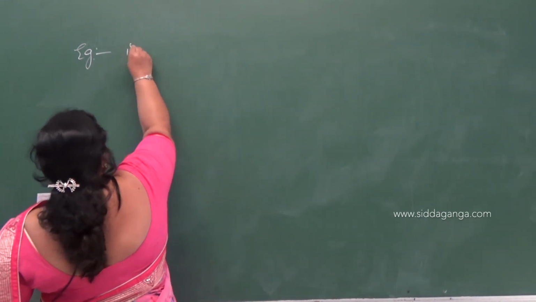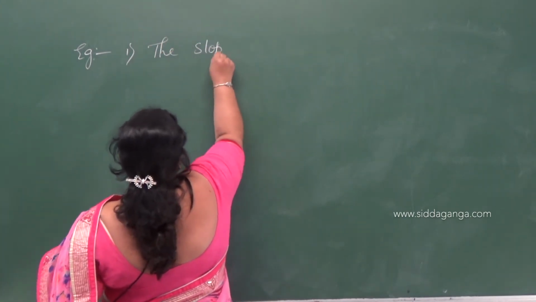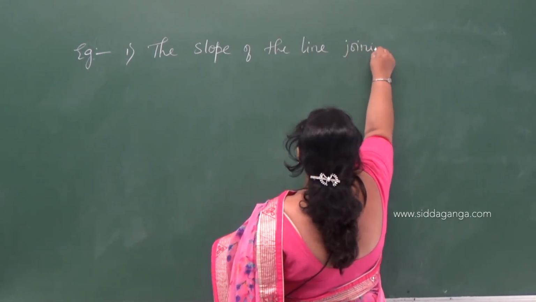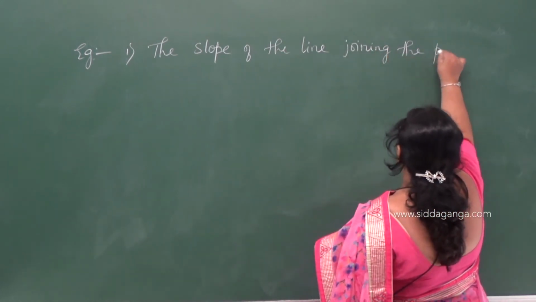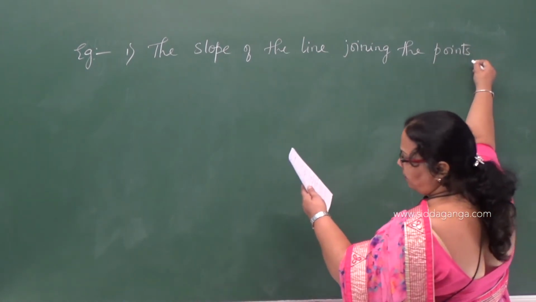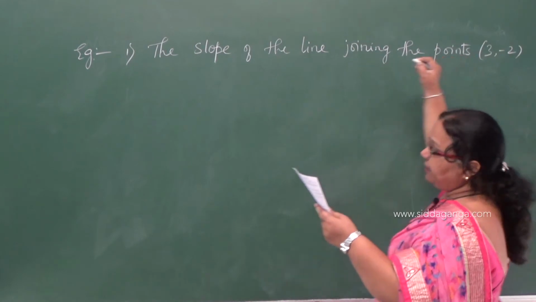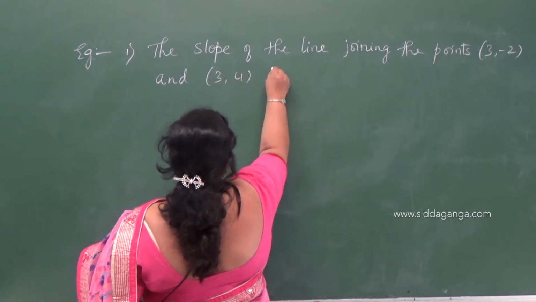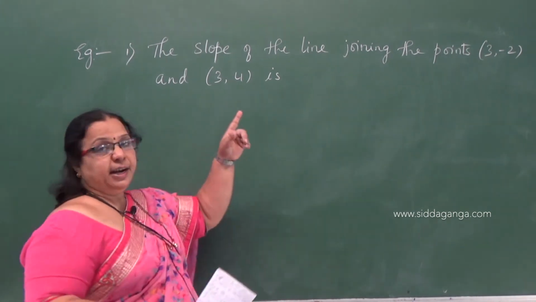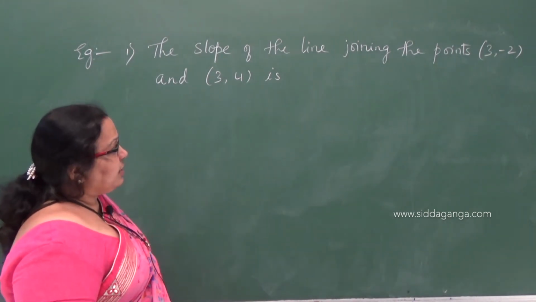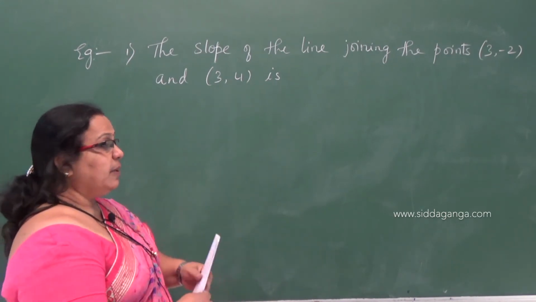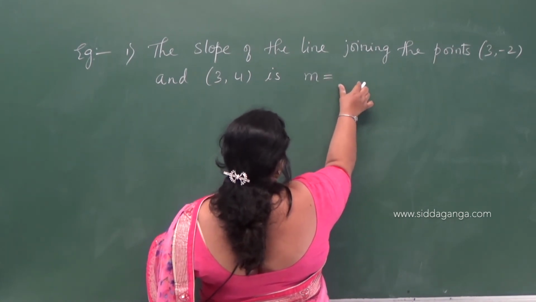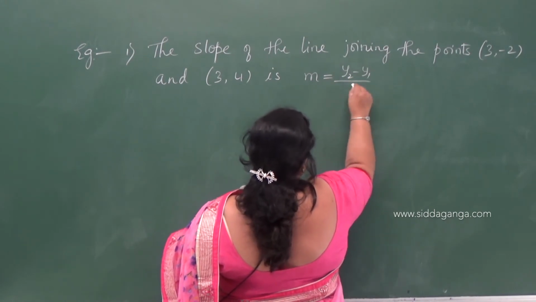Here the x coordinates are the same for the given 2 points, so in the formula the x coordinates come in the denominator. We get y2 minus y1 over 0.